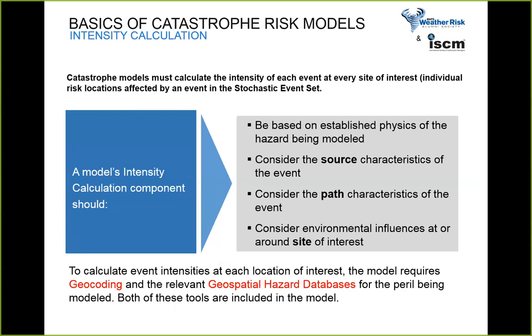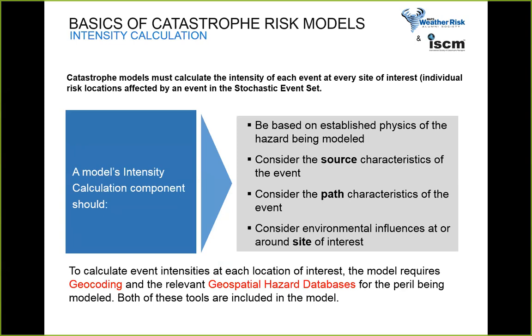That would be a good example of how the intensity is influenced by the event itself. However, path characteristics could be whether you're on the strong side or weak side of the tropical cyclone with respect to forward motion. That also has to be modeled and be considered. And lastly, you have to deal with the local environmental influences at and around your site of interest.